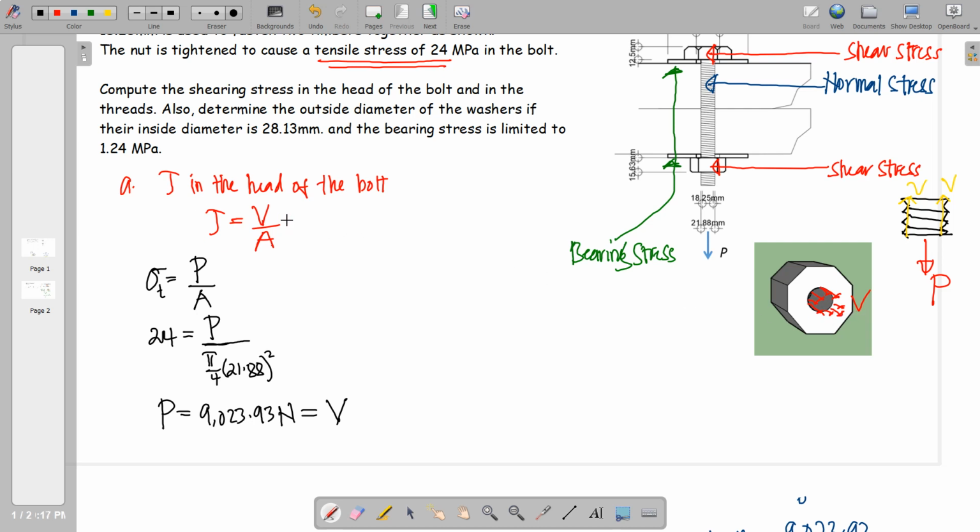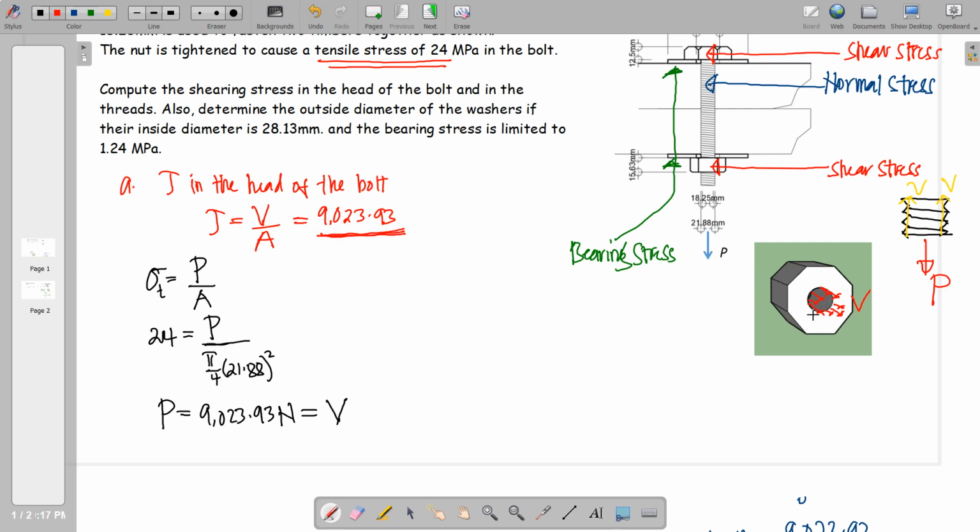So, moving on with the first unknown, we can now determine this by simply equating it to 9023.93 over the shear area. So this time, what is the shear area?